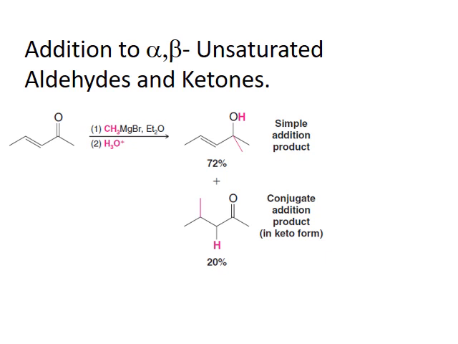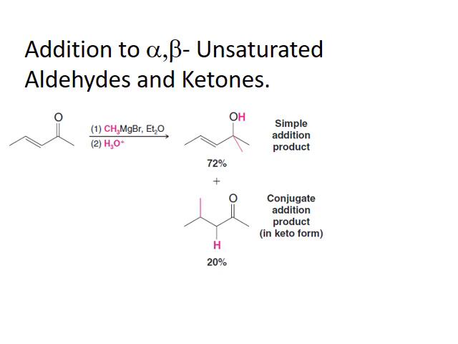Addition to alpha, beta unsaturated aldehydes and ketones. Nucleophiles add to alpha, beta unsaturated aldehydes and ketones in two ways. First, the nucleophile attacks the carbon of the carbon-oxygen bond as usual, that is to say, simple addition product.